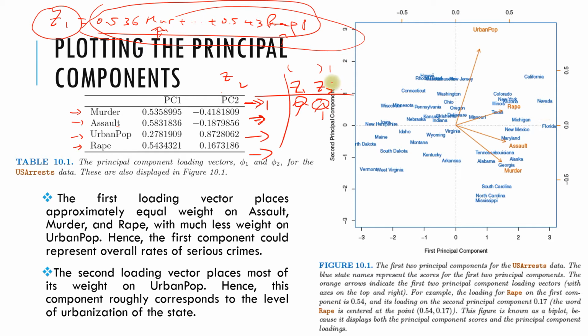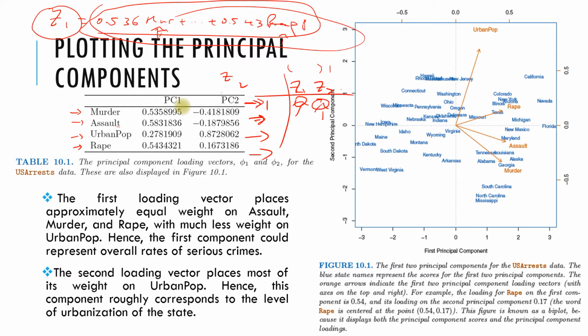The second thing that is plotted is not only the component scores, but also the loadings that you want to represent. The loadings represent the direction.